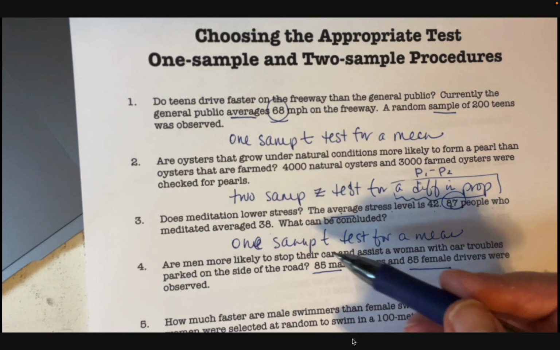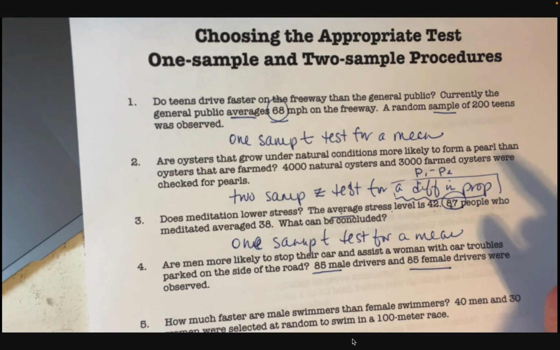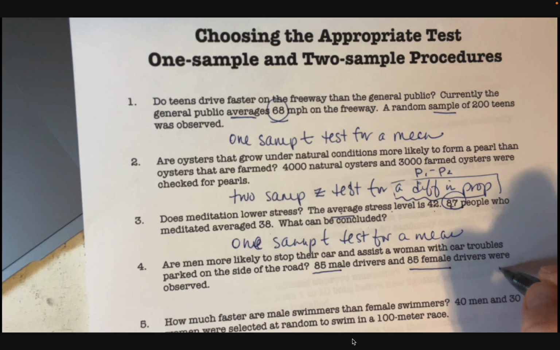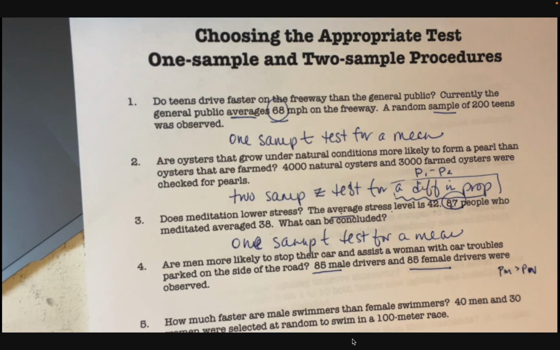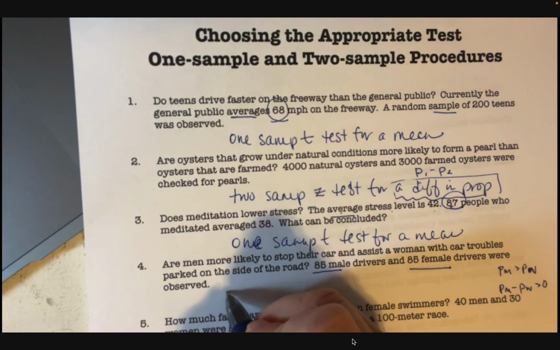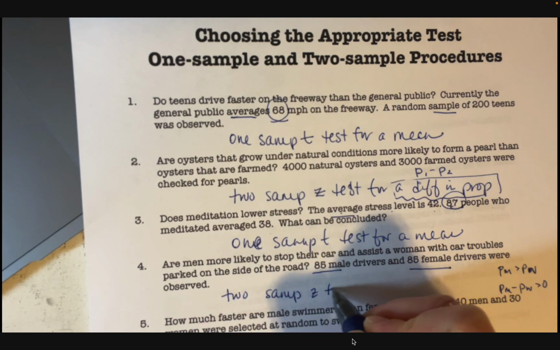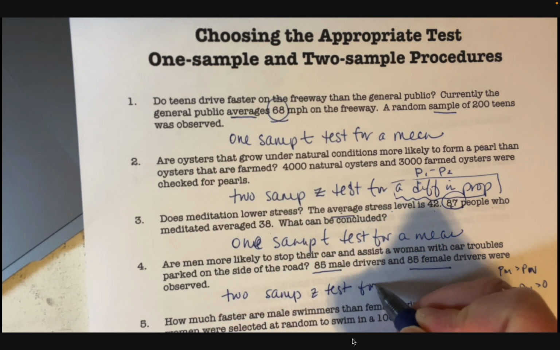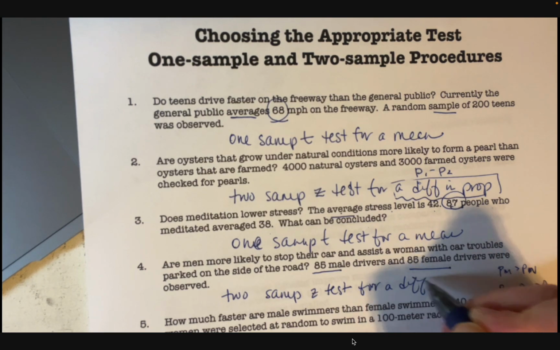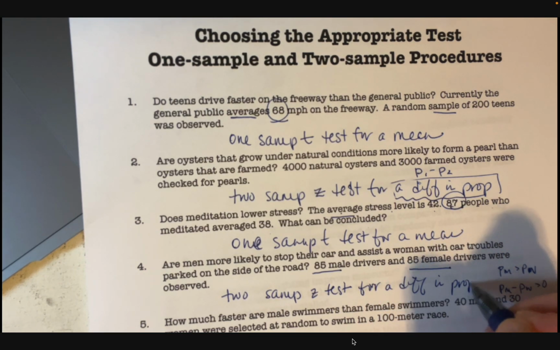And then I'm just going to see, are the men more likely to assist than a woman? So is the proportion of men greater than the proportion of women? So again, what we think about is taking the difference. So this is just a two sample z-test for a difference in proportion.